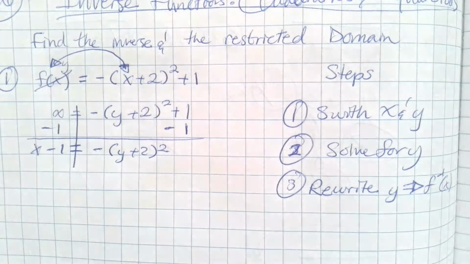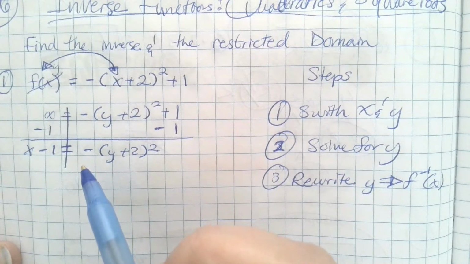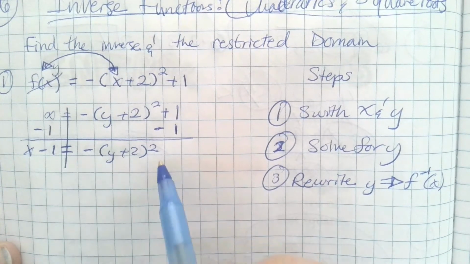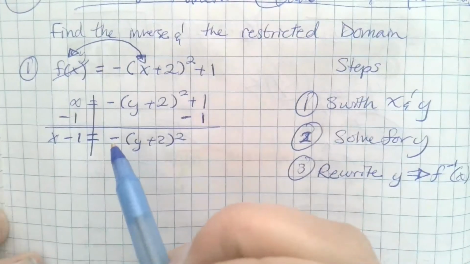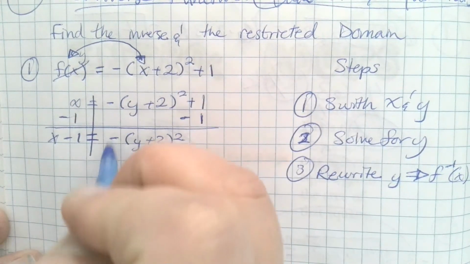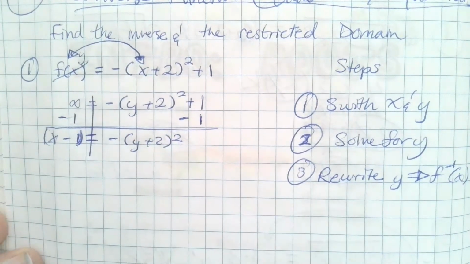Okay? So now we want to be able to get this whole group by itself. What's in front of the group? Okay, and we have the squared. Which one do we need to get rid of first? We actually need to get rid of the negative first. So watch this. We need to change that to a positive, but I'm going to put parentheses on this whole side and treat it as a group.